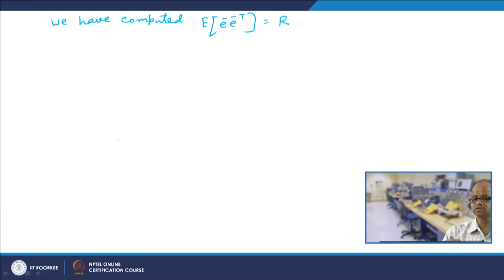So, now let us look at what would be the expected value of this estimated error. Before we actually discuss it, let us first understand the nature of this G matrix. G matrix, that is the gain matrix, is given by H transpose W H. So, this is the gain matrix.